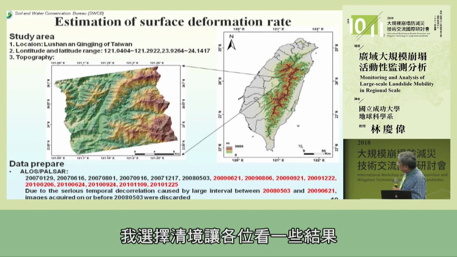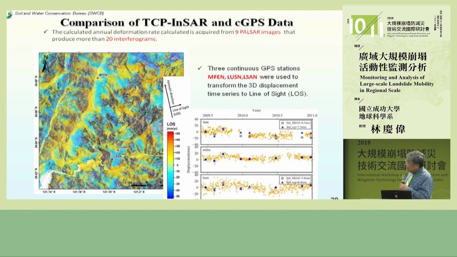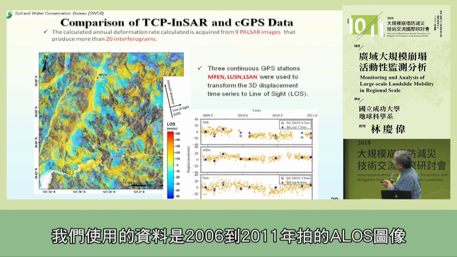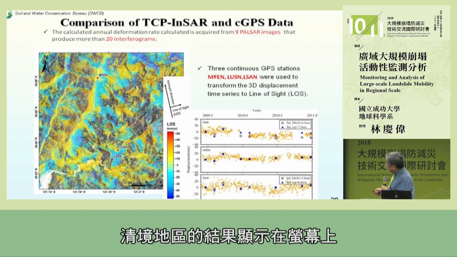I will choose the changing area and show you some of the results. The data we use are ALOS images taken from 2006 to 2011, and the result of the changing area is like the screen here.